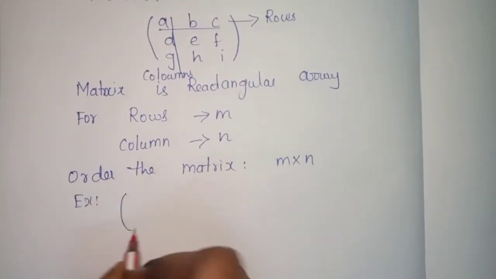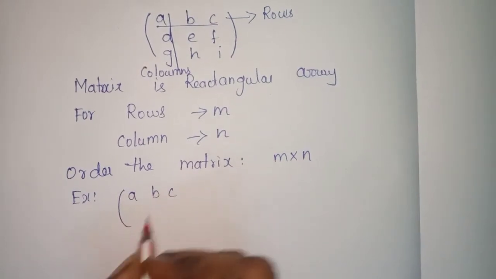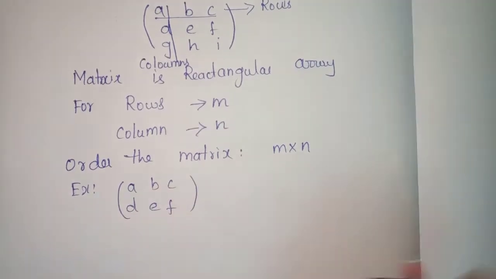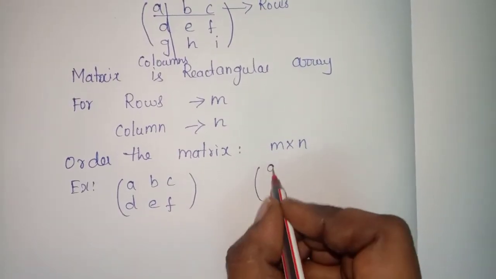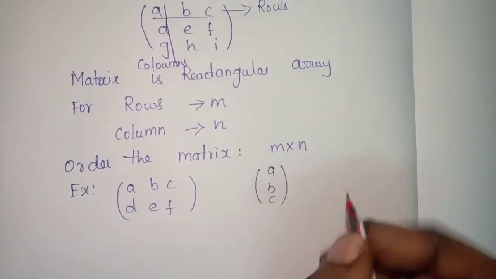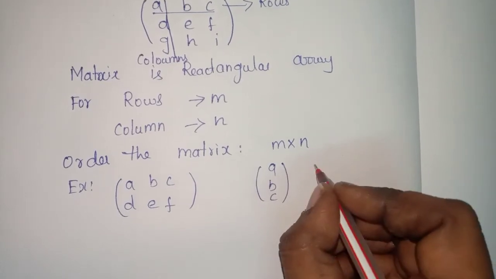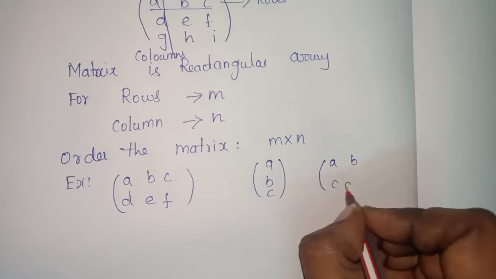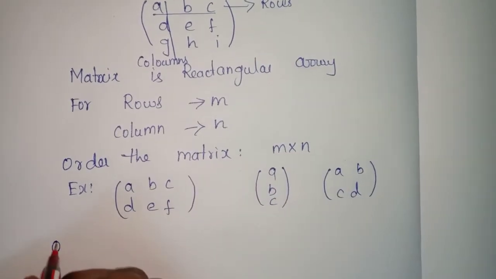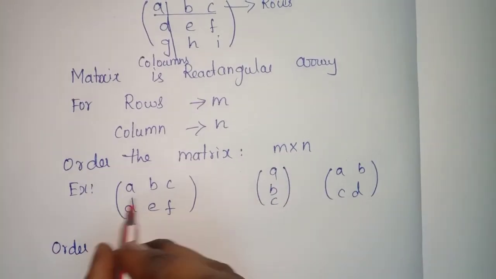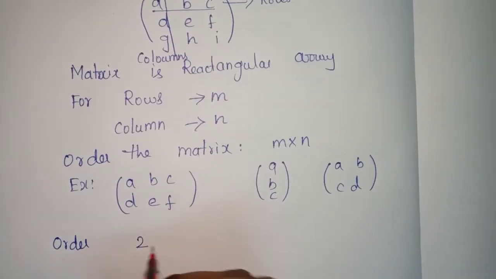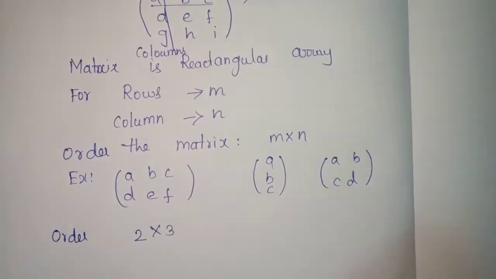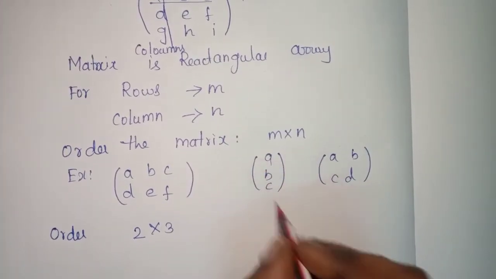For example, we consider a matrix. The number of rows is 2, the number of columns is 3. So it is called a 2 cross 3 matrix.